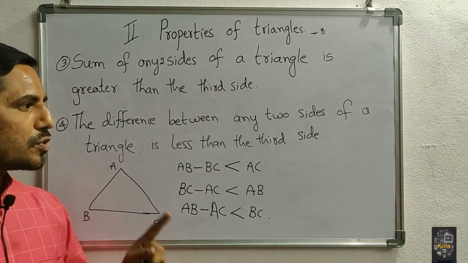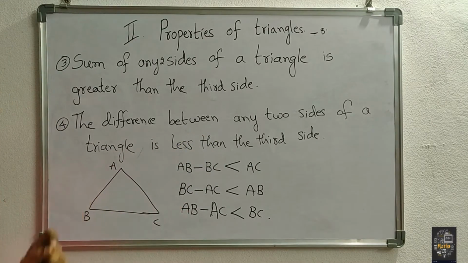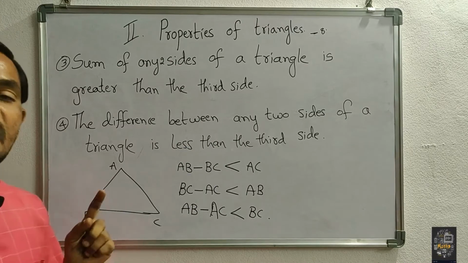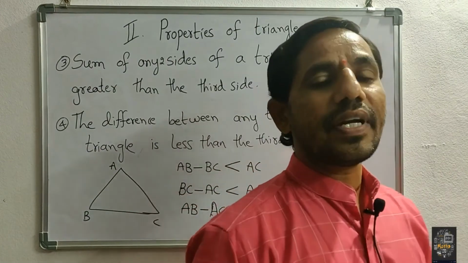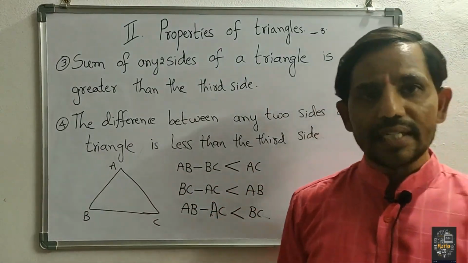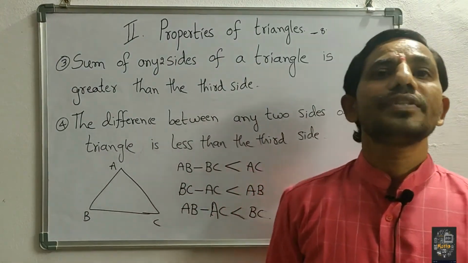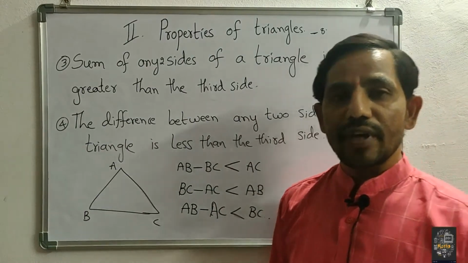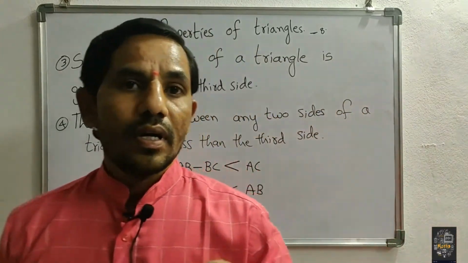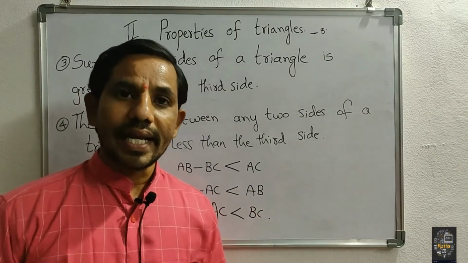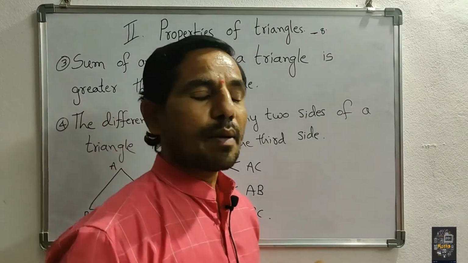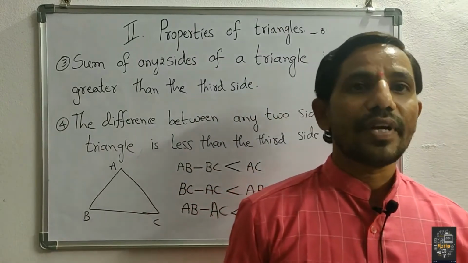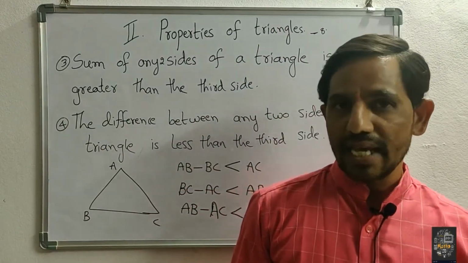Okay, I will repeat first one, second one and the third, fourth. First one is what? Sum of any three interior angles of a triangle is 180 degrees, or two right angles, or one straight angle.